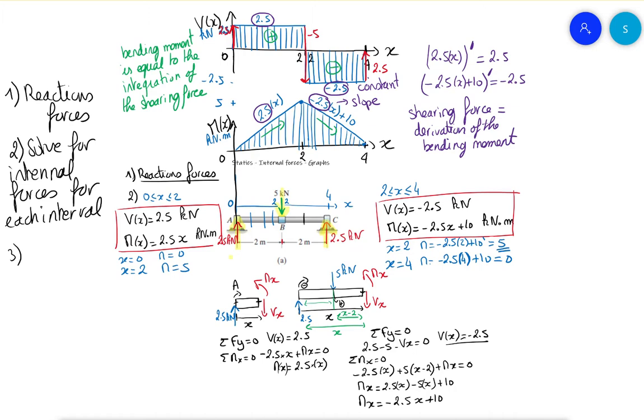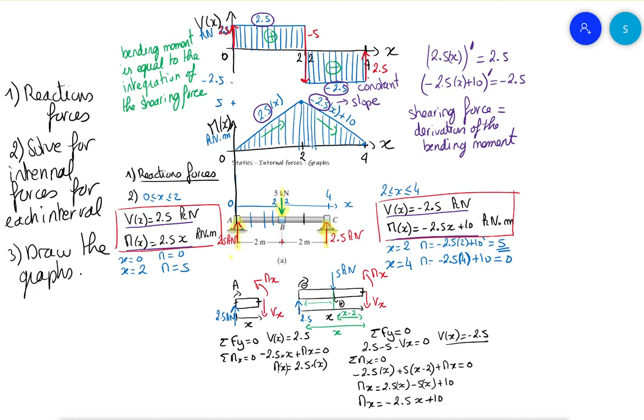And third, draw the graph or function. You can use your calculator too to draw the graph. So you should enter one function for the shearing force between 0 and 2, one function for the moment between 0 and 2, one curve for the shearing force between 2 and 4, and one curve for the moment between 2 and 4. That's four of them, and you can check.